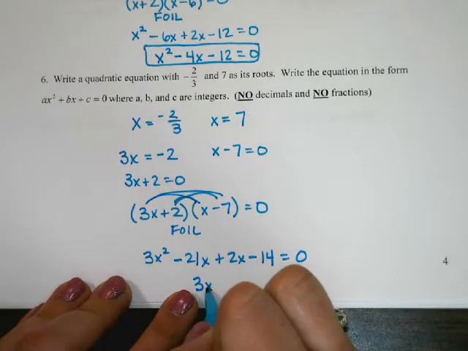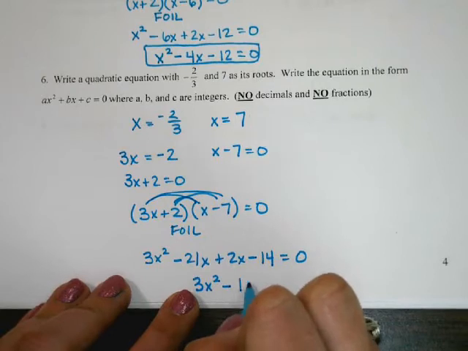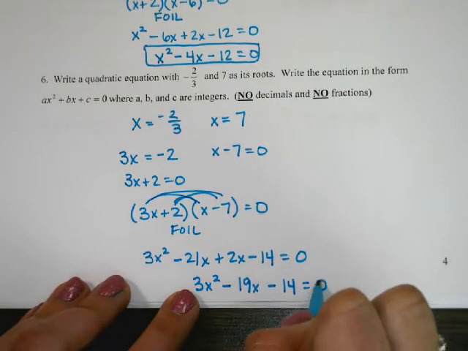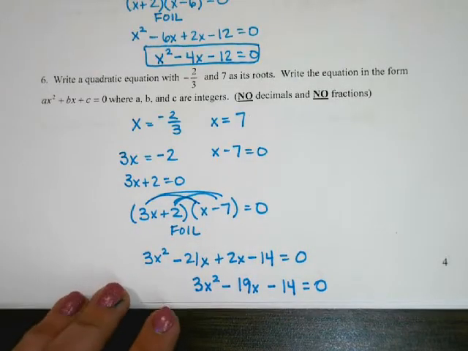So 3x squared minus 19x minus 14. Okay, that's fine.